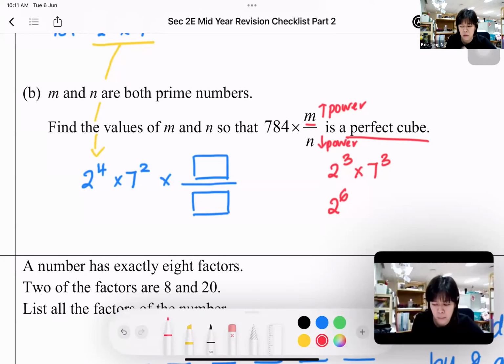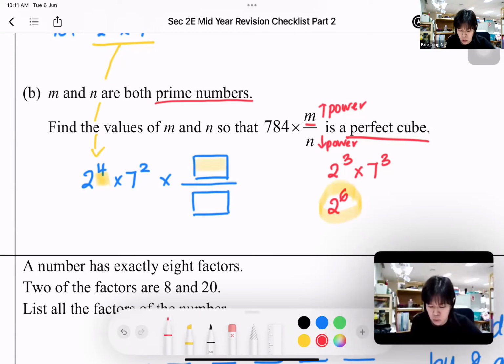But the keyword over here is both of them, M and N, are prime numbers. So some of the students may end up with this option, 2 to the power of 4, right? If I want to make this become 2 to the power of 4, then my number over here has to be 2 to the power of 2, so that 4 plus 2 will become 2 to the power of 6.